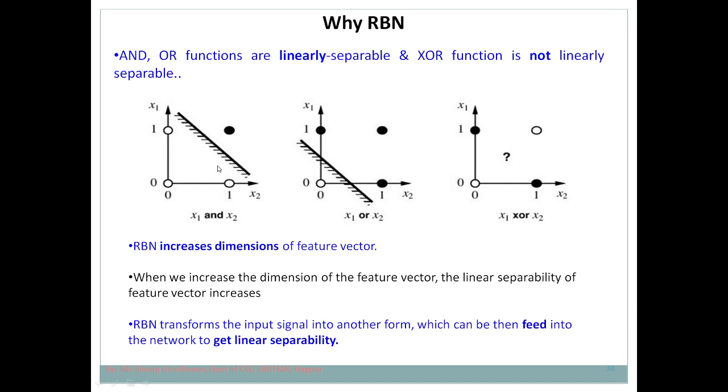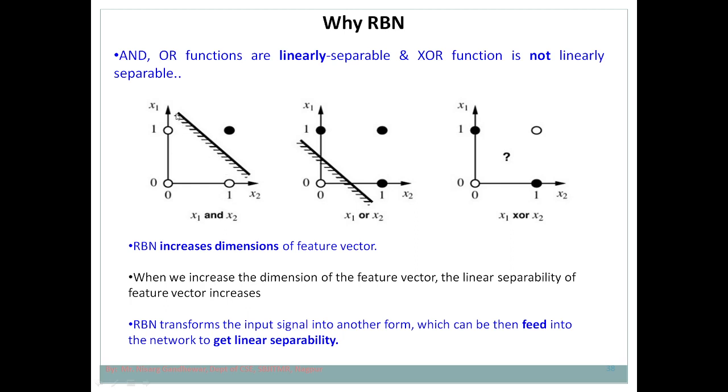What you observe over here, the main thing, is that you have linearly separable data and non-linearly separable data. In this case my data set consists of two classes. One is a dark circle and the second one is a simple circle. Can I say this data is linearly separable?